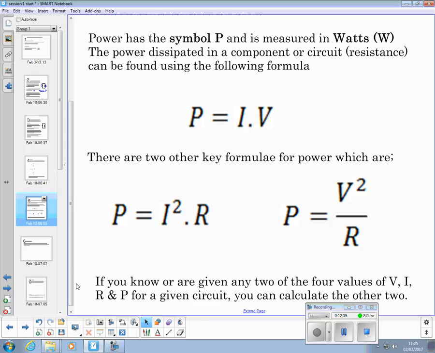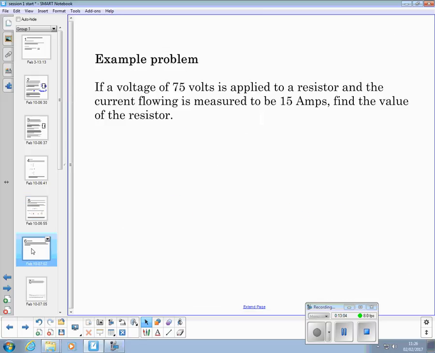Just pick the right formula and use it. In fact, all apart from one combination, you could find by doing two calculations of P equals I times V and Ohm's law. But you need this one in certain cases. And they're all rearrangeable, and you can move them around so that you can calculate the bits that are missing.